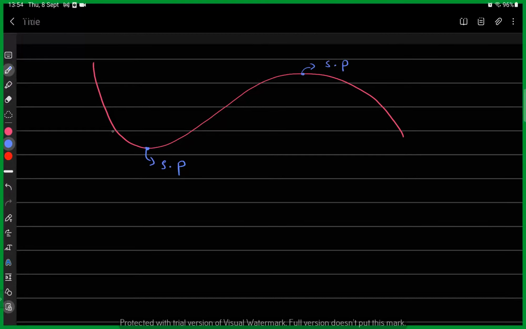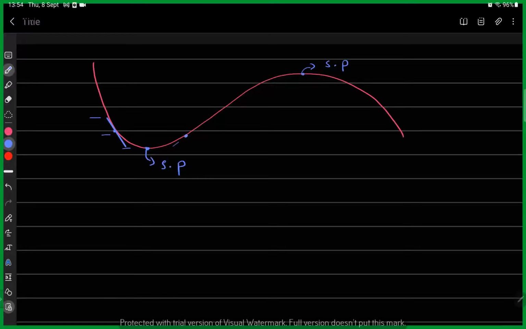What is the gradient before the stationary point? Is it positive or negative? It's negative, right? Because if I make a line at this point, it would be coming downwards. And if a line is coming downwards, that implies that the gradient is negative. What about the gradient of the slope after this stationary point?